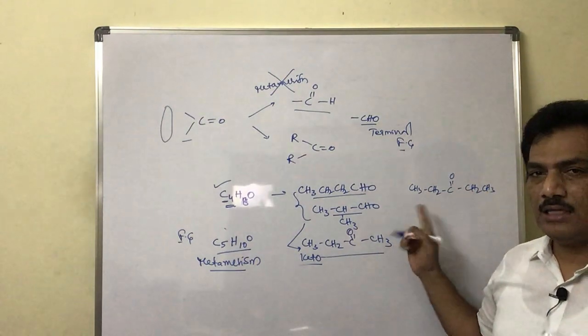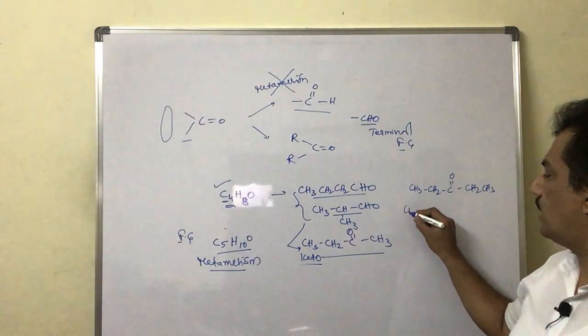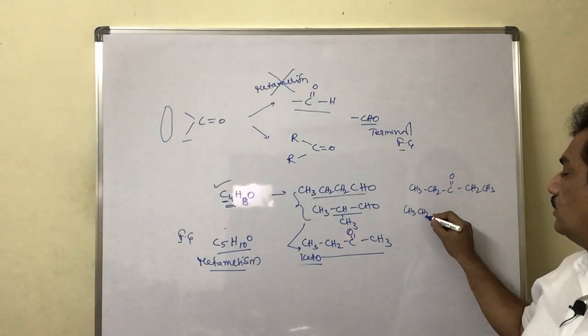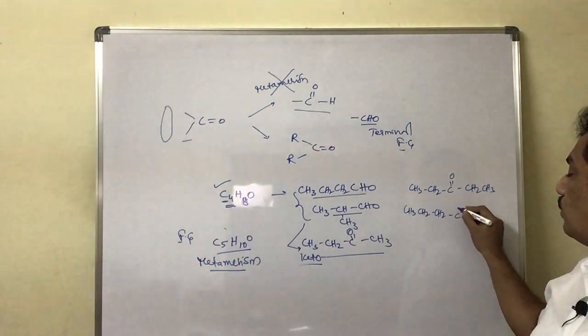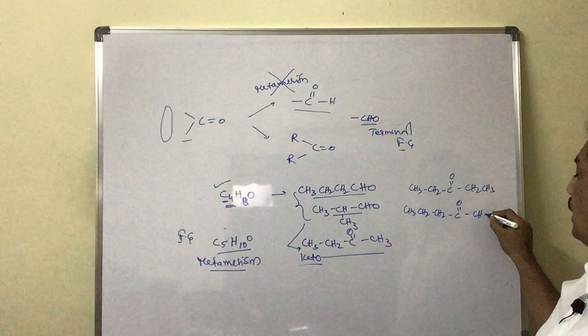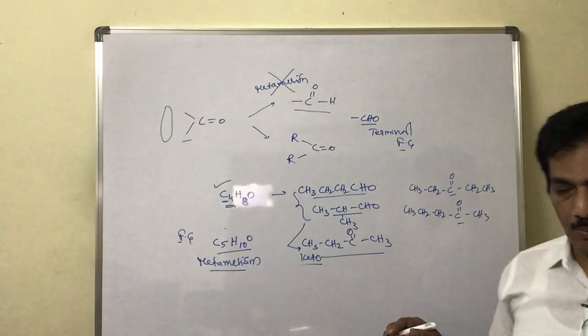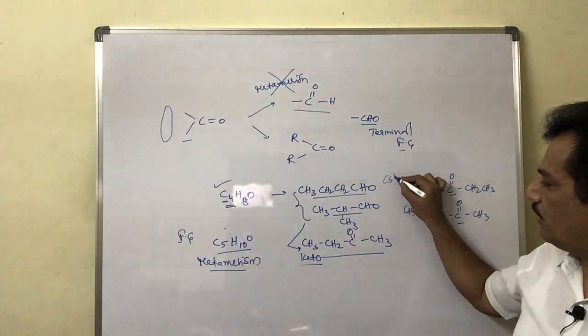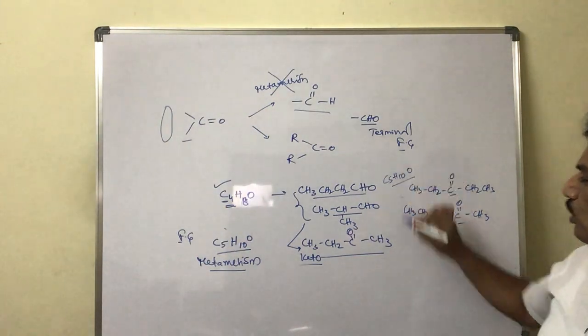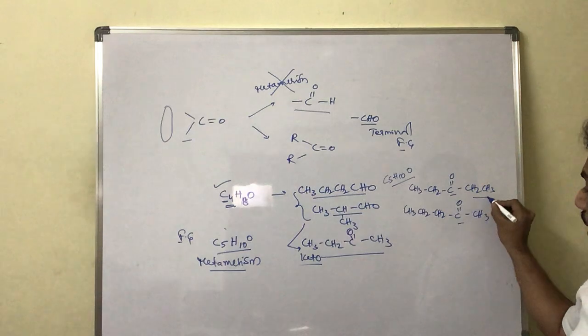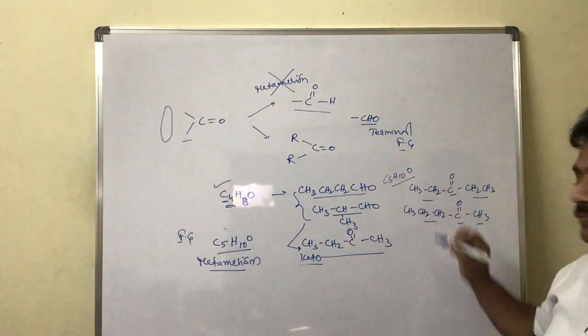It is diethyl ketone. And now we can write methyl propyl ketone like this. In this case the molecular formula is C5H10O and the functional group is the same, but the alkyl groups are different.